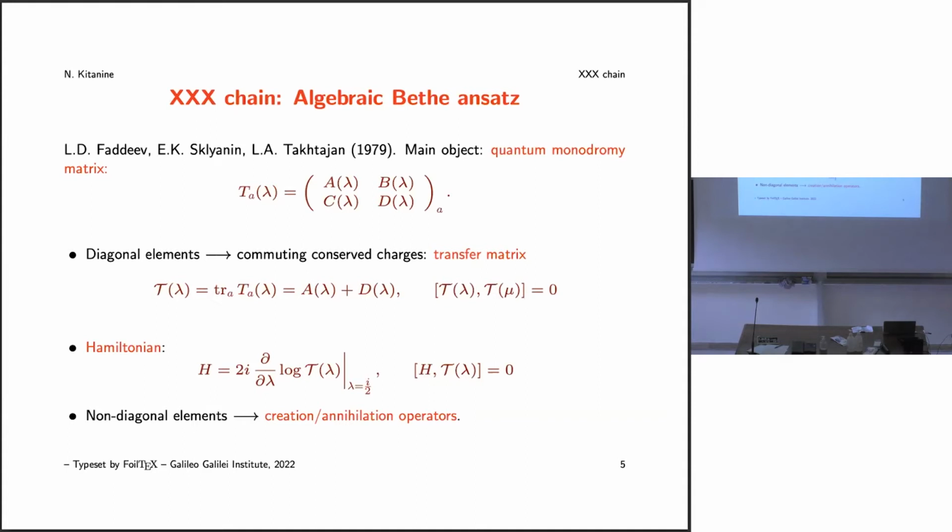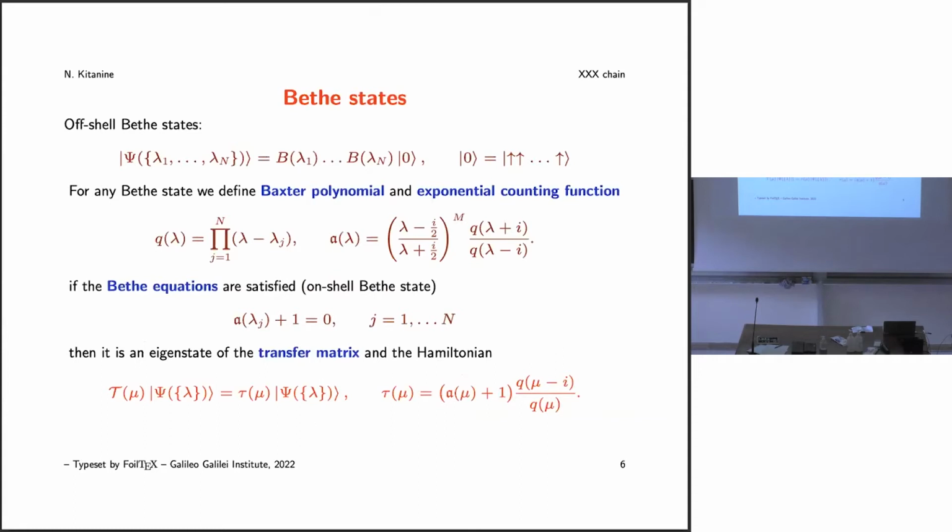And then when you know it, you can construct what is called off-shell Bethe states by acting with this operator B, which we use as a creation operator of the simplest ferromagnetic spin states. We are in a spin 1/2 spin chain. So your reference state is all the spins up at all the sites. So you act with some B operators with some parameters lambda 1, ..., lambda n.